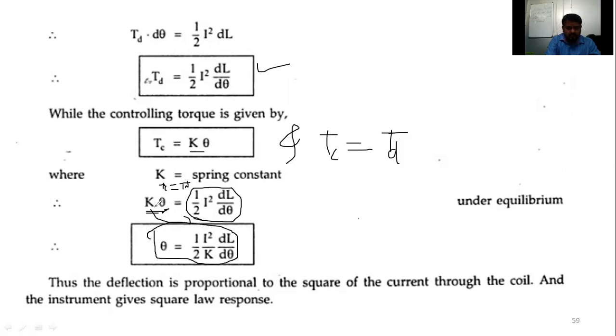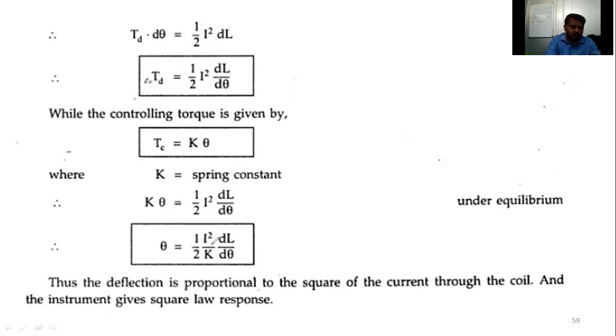There is no change; only K we have sent from the LHS to the RHS. So the final equation for the deflection is theta equal to 1 by 2 I square by K dl by d theta.